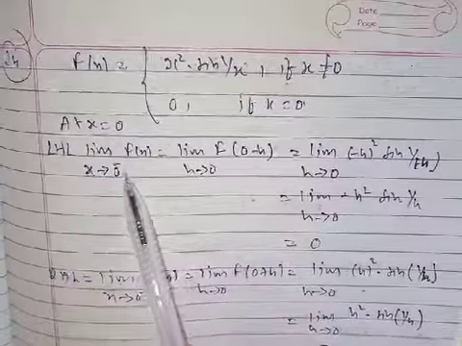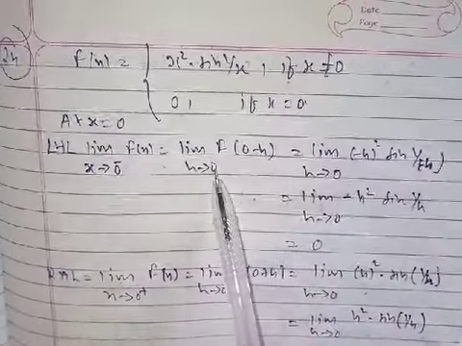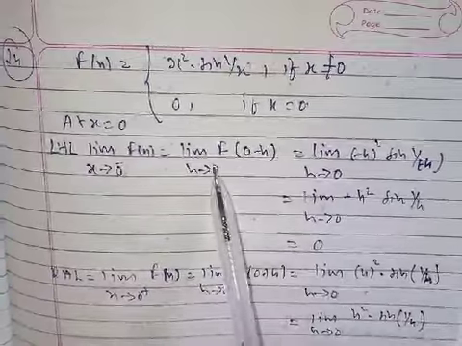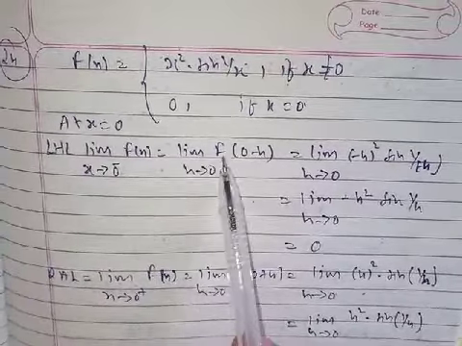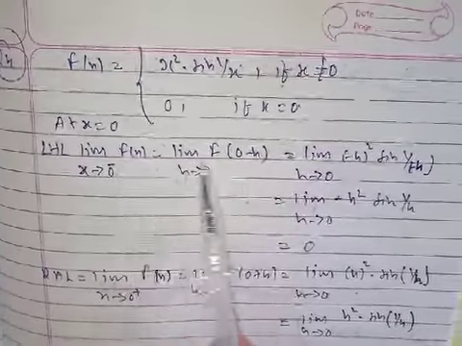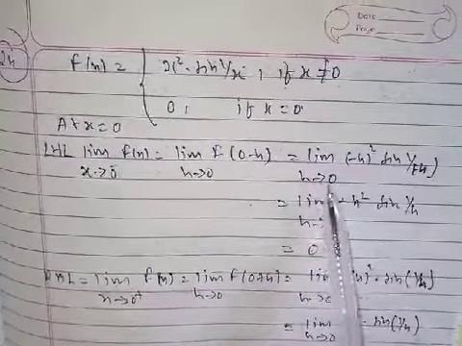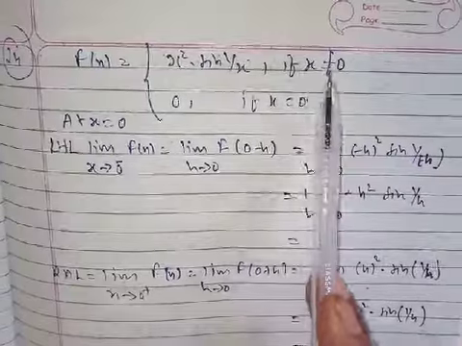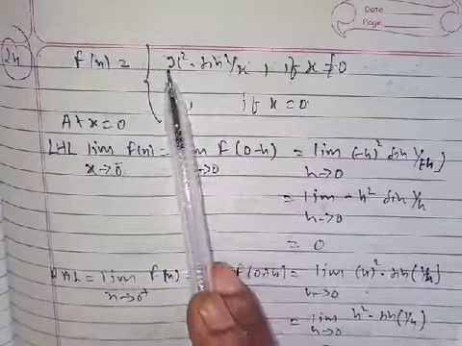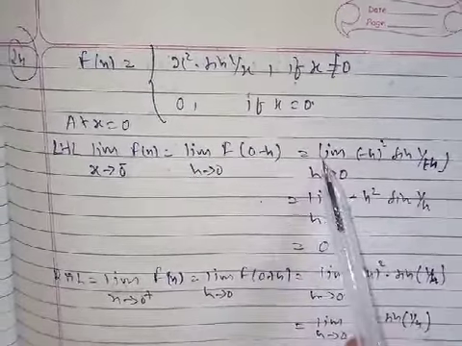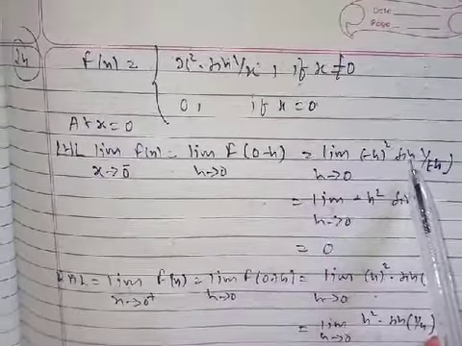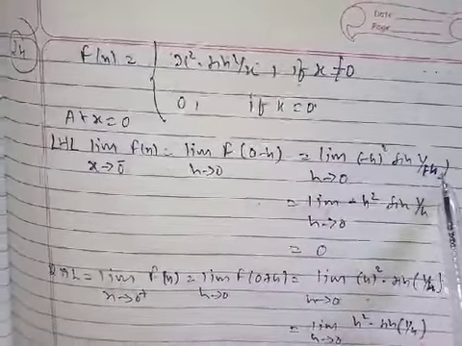So the limit as x tends to 0 minus of f of x is the limit as x tends to 0 of f of 0 minus h. This is converted into the function at 0 minus h. Left hand side of 0 means the function is not 0, so this one will come. So the limit as h tends to 0 of minus h whole square times sine 1 upon minus h.